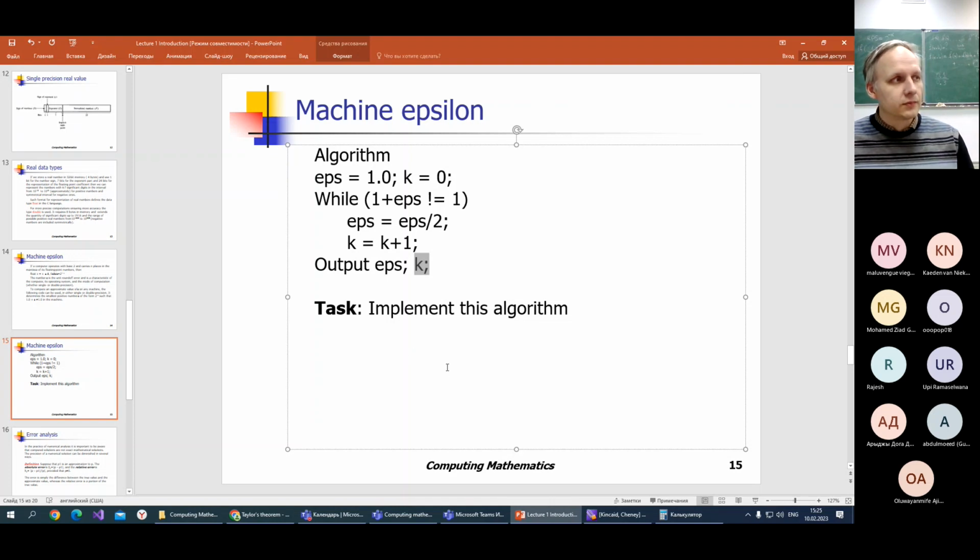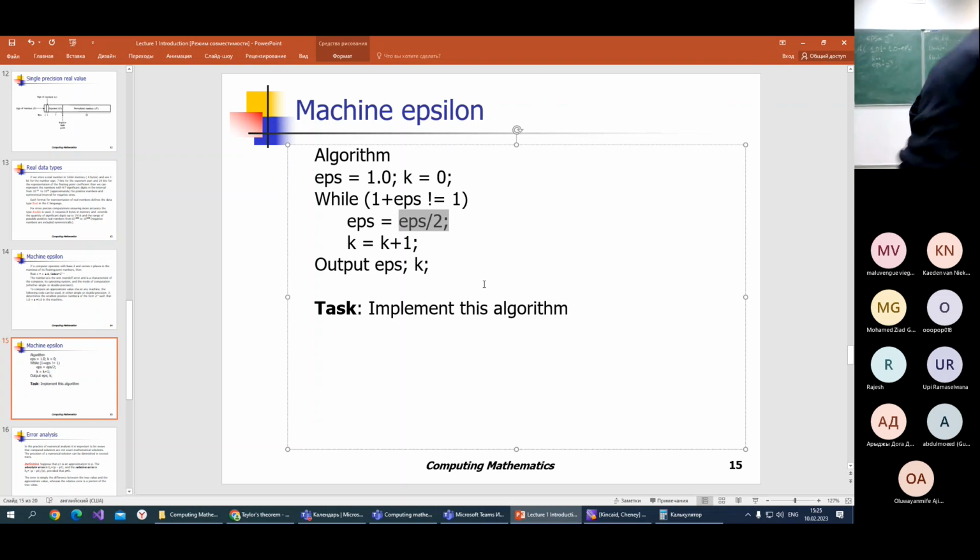But why do you say epsilon equals 2 power minus k, while here it is epsilon over 2? It will be the same. Initially epsilon is 1.0, and here epsilon has another value. It's not another value: the initial value of k is 0, and epsilon equals 1.